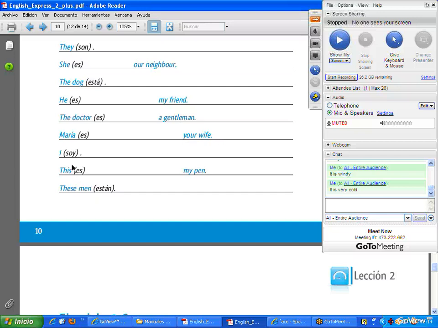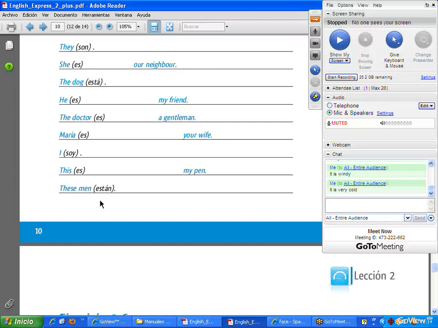So, here you have a lot of examples. Listen to these sentences. Repeat them in English for your pronunciation. This is a letter. This is a body. This is a paper. This is a sentence.